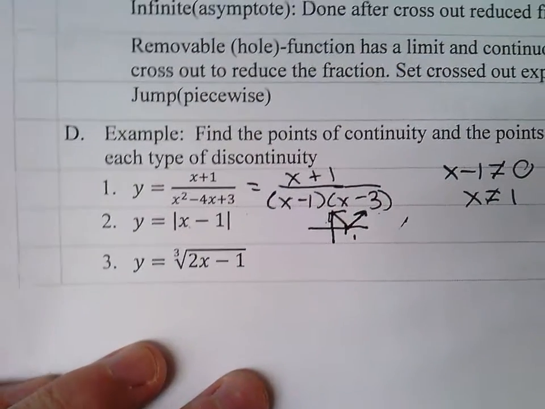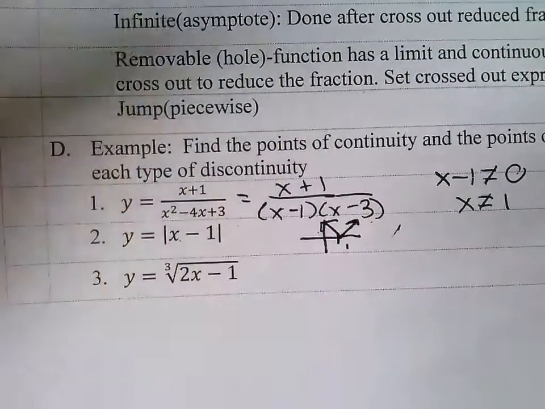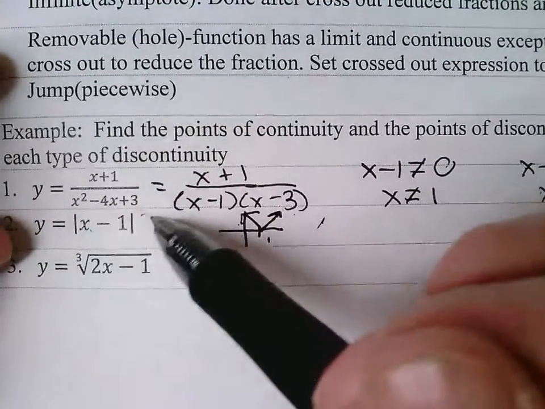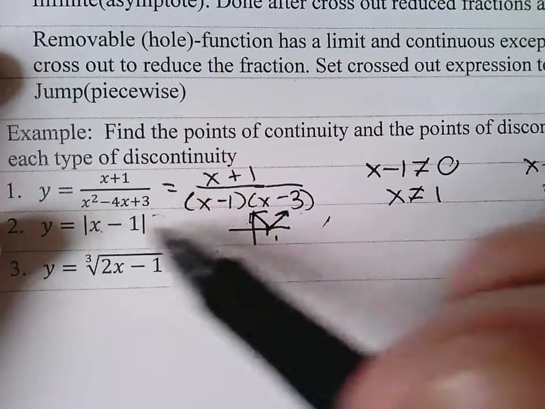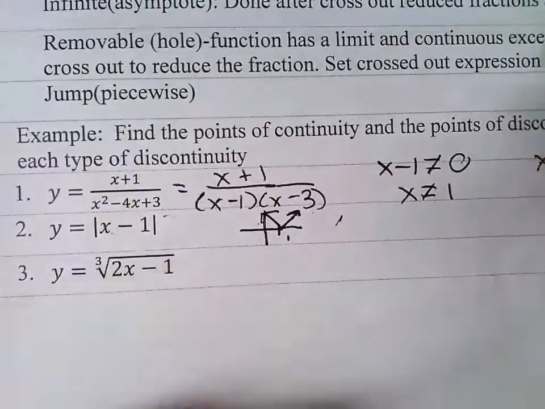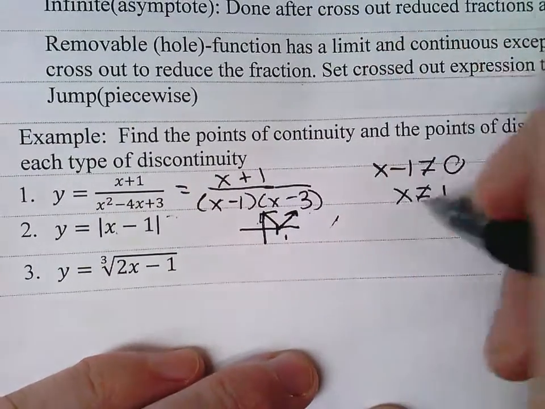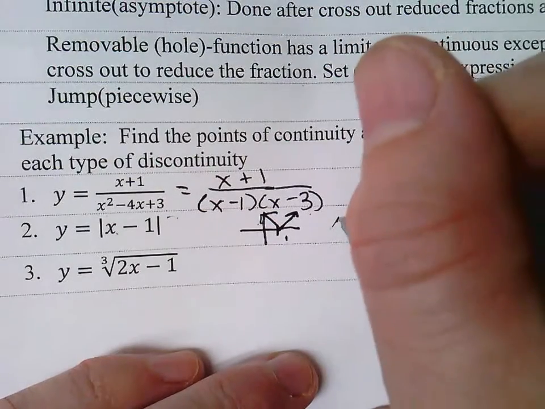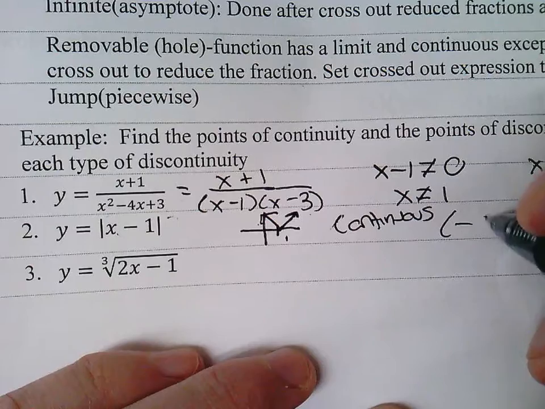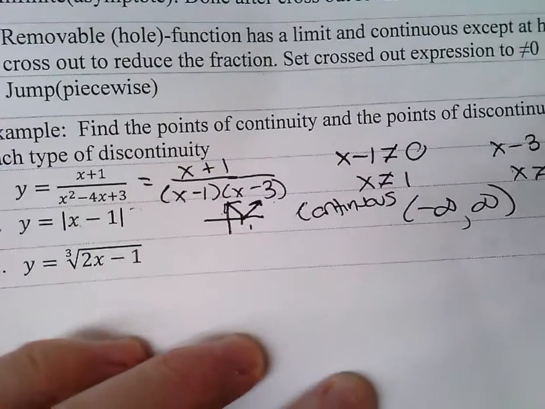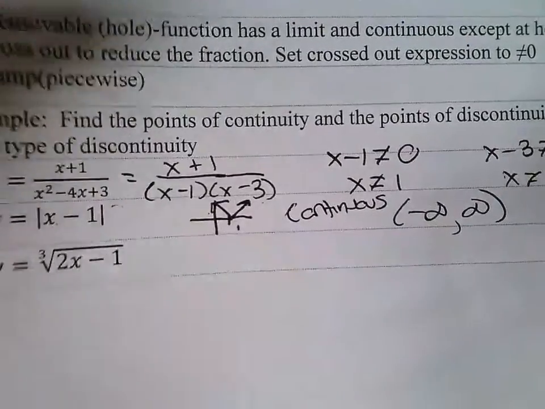Okay, so we're looking for points of continuity and points of discontinuity. So there is no denominator and there is no even root radical. So this is a continuous function. So it's continuous from negative infinity to positive infinity, and there are no points of discontinuity.